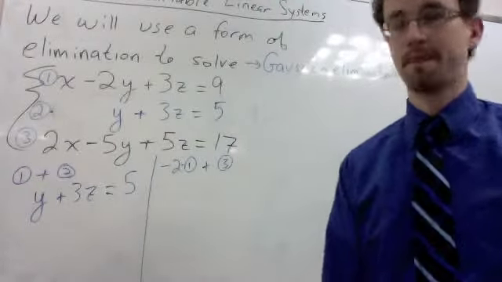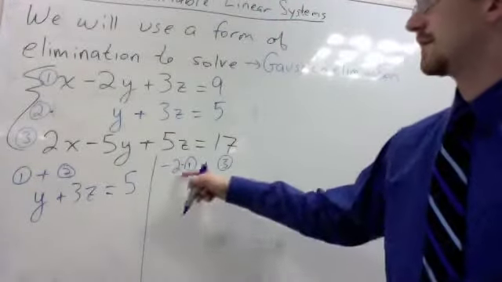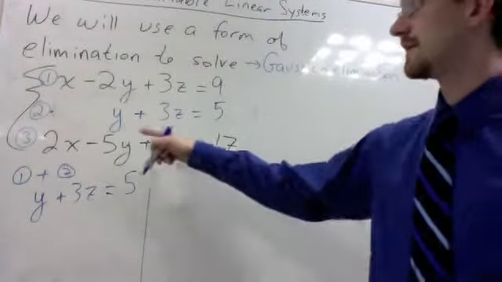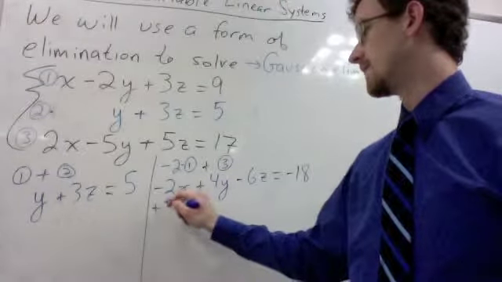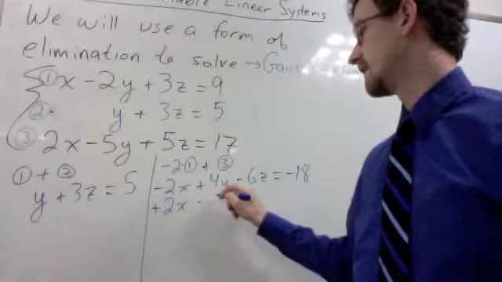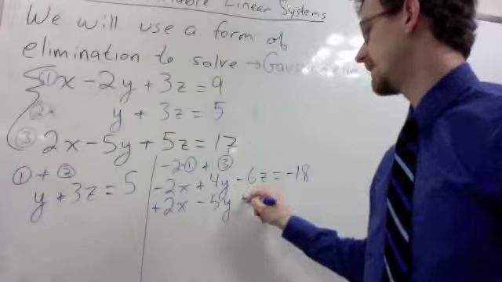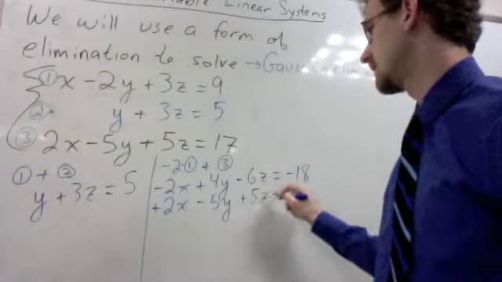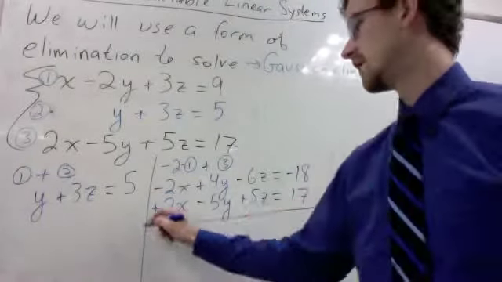equation 3. So negative 2 times equation 1 is negative 2x plus 4y minus 6z equals negative 18. And then to that we are going to add equation 3. 2x minus 5y plus 5z equals 17.